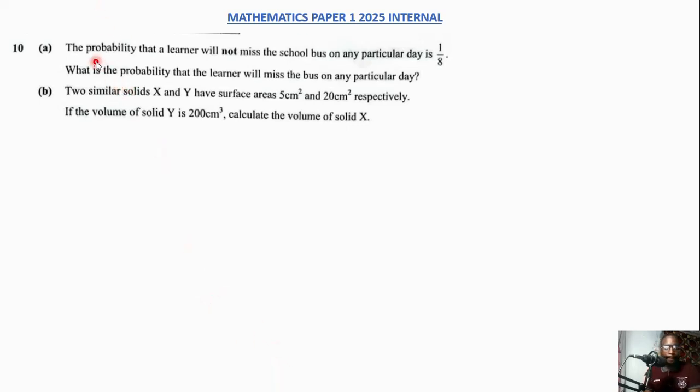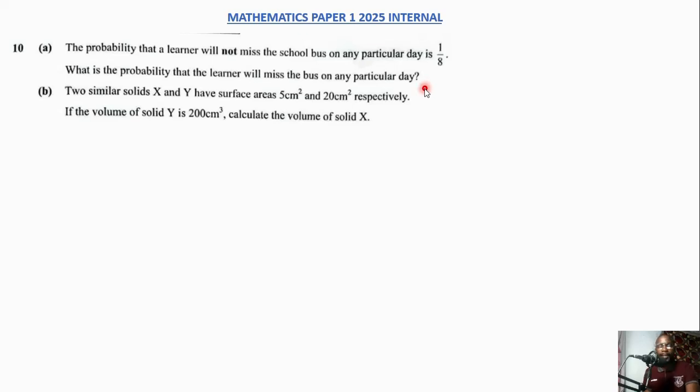Question 10a is saying, the probability that a learner will not miss the school bus on any particular day is 1/8. What is the probability that the learner will miss the bus on any particular day? All right, here I'll give you a very, very simple secret.